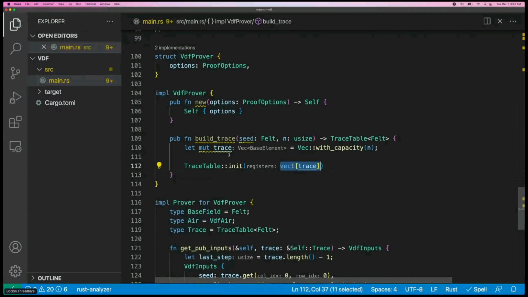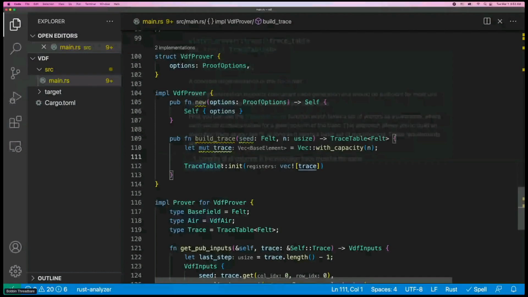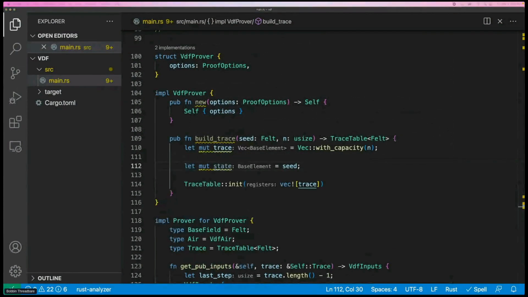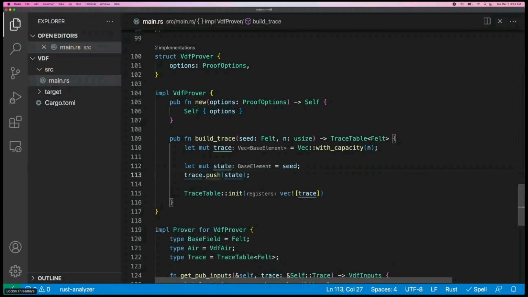But in our case, we just have one column. And then the way we're going to do this is that we're going to initialize the state of our computation. So the state is just going to be a single field element. And we'll start by pushing this field element into our trace. So this is going to initialize a trace with the first step of the state of the computation.